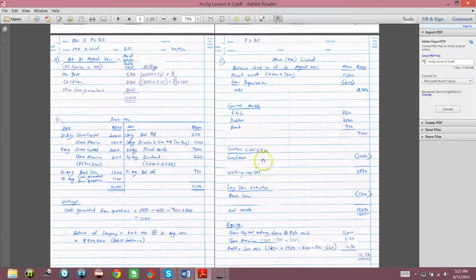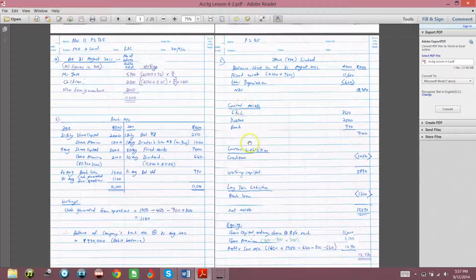Here, for easy presentation and easy tutorial, I do it all on one piece of paper. So this is my fixed asset. Then I leave some space for current asset, so that will be one page. Previously I presented it this way: equity plus long-term liability plus current liability. But I can present it this way also.